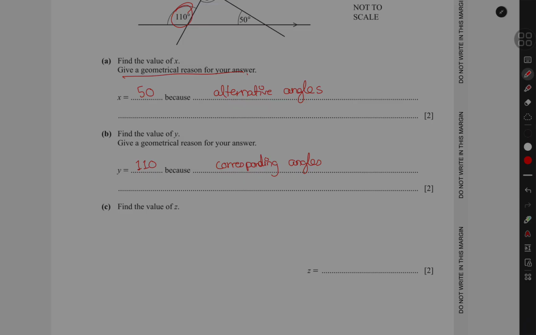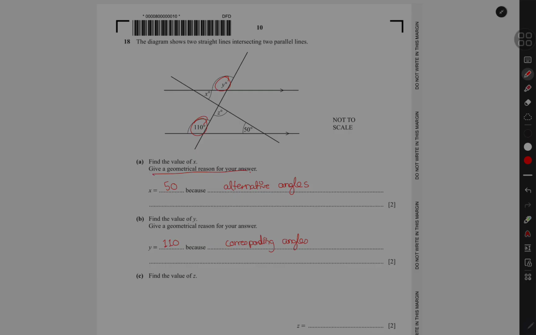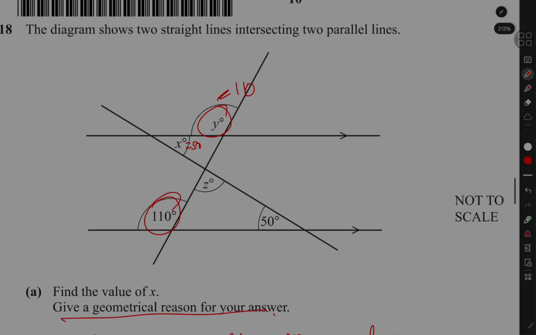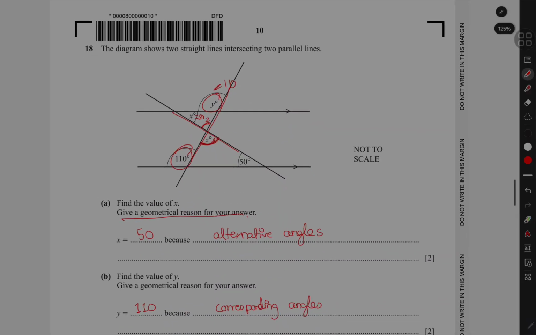Find the value of z. So x is equal to 50, y is equal to 110. Now we need to find the value of z. This is z, and we now know for sure that these are two straight lines. So this is z, and this should also be equal to z.